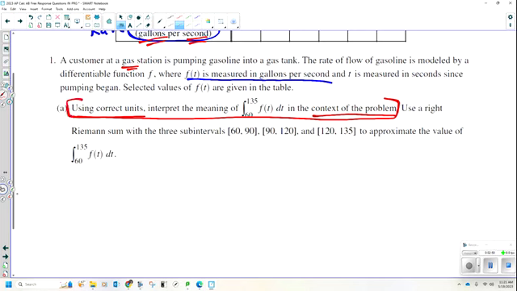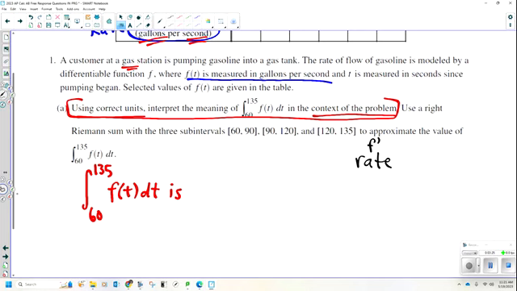So using correct units, interpret the meaning of the integral from 60 to 135 of f of t dt. The integral from 60 to 135 of f of t dt is, okay? Now, one of the fundamental things you need to know about calculus is the following. If I have a rate, okay, or a first derivative of something, or this can also be velocity in terms of position, velocity, and acceleration.